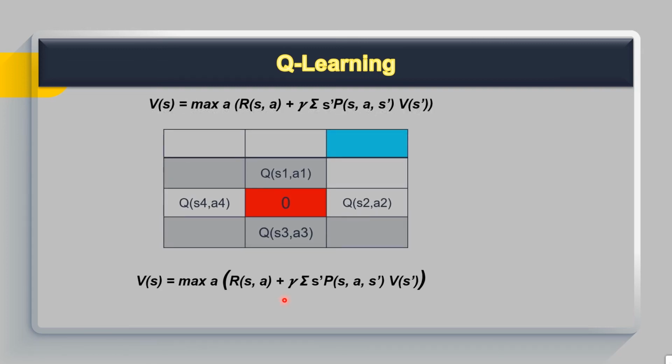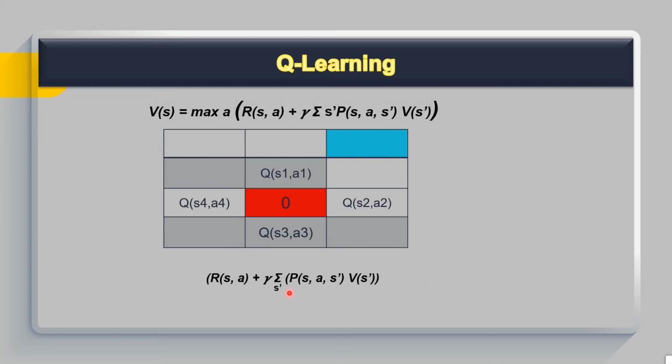Now from the equation V(s) equals the maximum of R(s, a) plus gamma summation over s' of P(s, a, s') into V(s'), if we discard the maximum function, we have R(s, a) plus gamma into the summation of P and V. Essentially, in the equation that produces V(s), we are considering all possible actions and all possible states from the current state that the robot is in, and then taking the maximum value caused by taking a certain action.